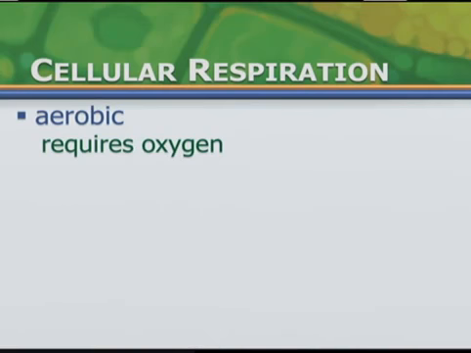Aero is a really good word root and combining form. Aero literally means air. It refers to oxygen. So these are organisms that require oxygen to produce ATP, to produce that usable energy.